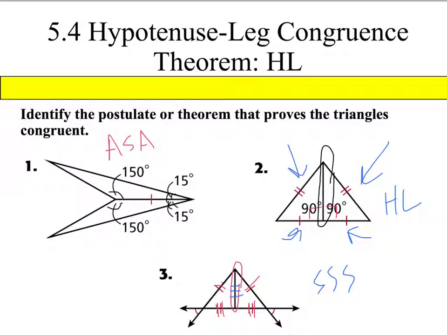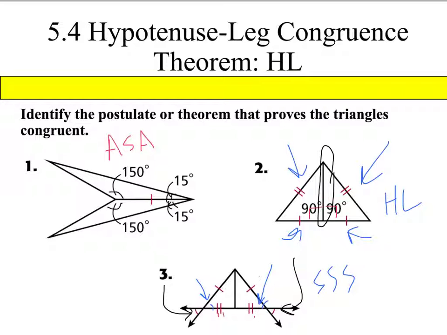Now, the other thing you could see here, if you look down at this angle right there and this angle right there, they are congruent. What does that tell me about this angle? It is also congruent to this angle over here. What theorem tells me that? I hope you're thinking vertical angles.